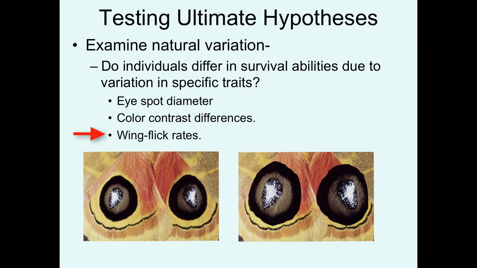Wing flick rates: if they open up and display the hind wings quickly, is that a greater startle effect? Or does that really not matter, just as long as you get there? So these are not relying on any kind of experimental manipulation of the organism. You just have to have enough variation in the individuals in the population to be able to look for patterns.